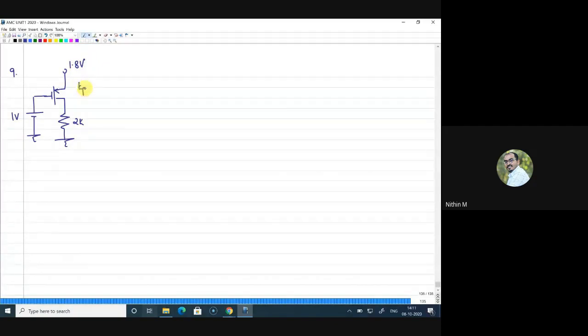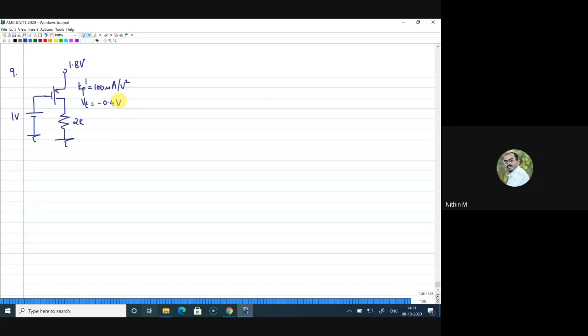Given that Kp dash is 100 microamps per volt squared, threshold Vt is minus 0.4 volt. Given that lambda is 0, what value of W by L places the P channel device at the edge of saturation in the circuit given?